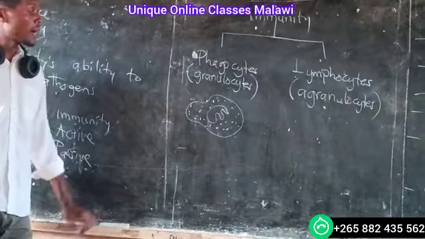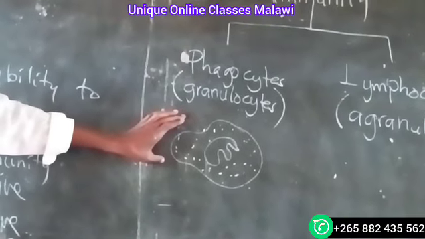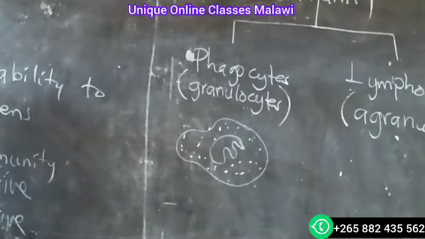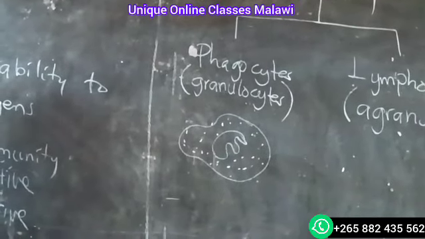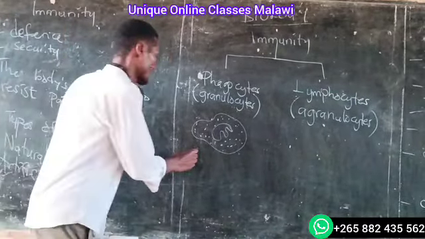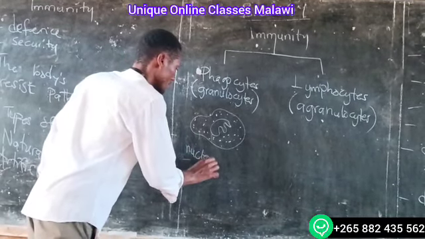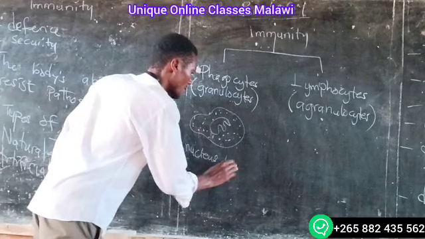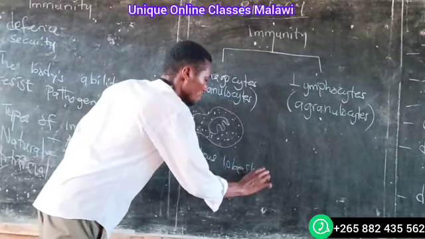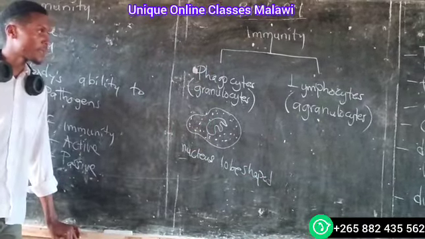So we say its nucleus is a long, irregular shape.